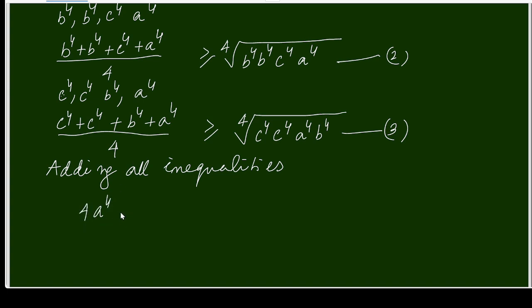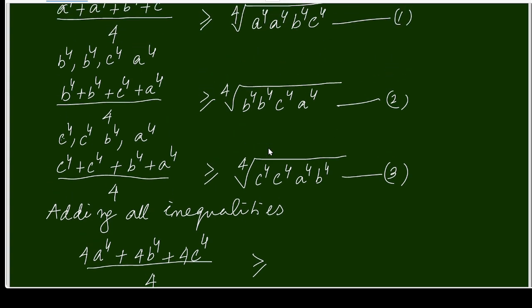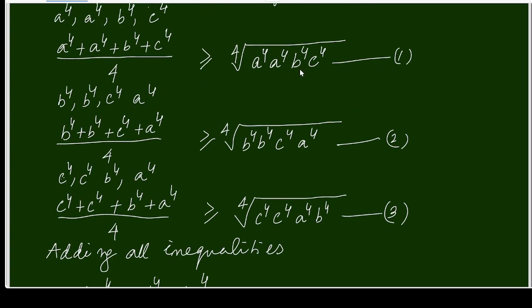So (4a^4 + 4b^4 + 4c^4) divided by 4 is greater than or equal to, simplifying the first one, taking the fourth root, a square bc.